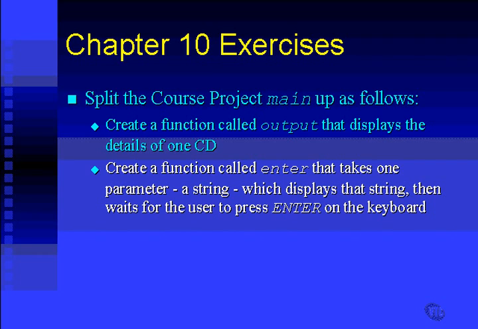This will be a reusable function. It'll take one parameter, which is the string that you wish the user to see before they press enter. So, for example, if you wanted the user to see, please press enter to exit the program, then the string, please press enter to exit the program, would be the single function parameter.